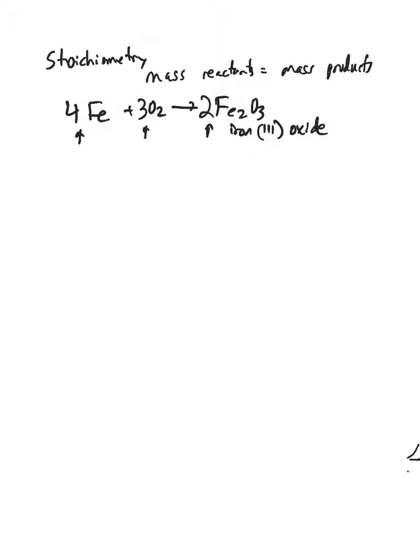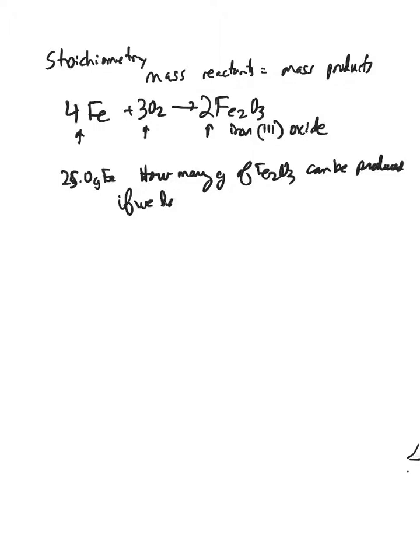So let's just say we've got 25 grams of iron. How many grams of Fe2O3 can be produced if we have a sufficient amount of oxygen to make things exactly react?